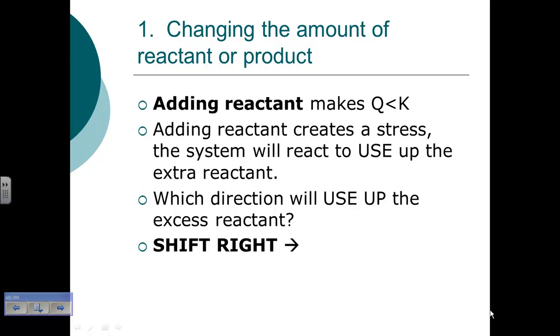To use up the extra amount of reactant added to the system, you point away from it, pointing away towards the product side. So what direction will use up the excess reactant? Shifting right. The equilibrium will shift right if we add reactant, and the reaction quotient comes back to the initial value.